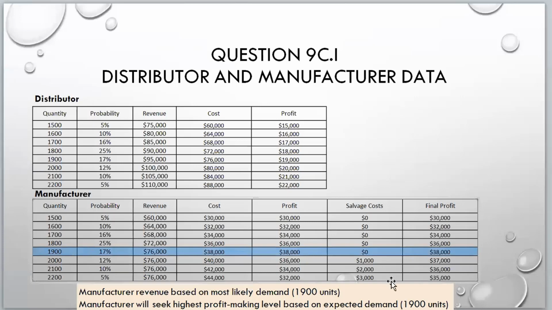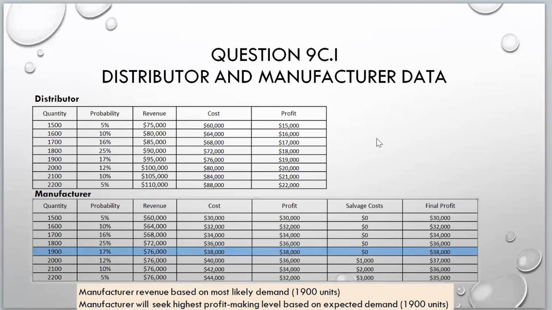So basically, the distributor says, hey, look, we're not willing to guarantee an amount that we will buy.